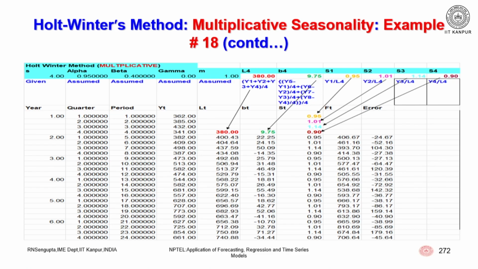If you see, the time period is given in the first column, which is the year here, the next being the quarter, third being period, and fourth to ninth correspond to YT, then LT, then BT, then ST, then FT and the error, and all the calculations which you have done were shown accordingly in the Excel sheet.